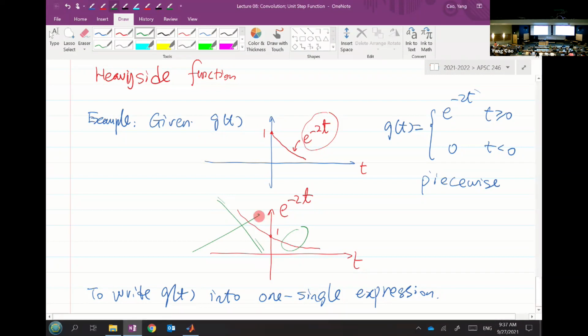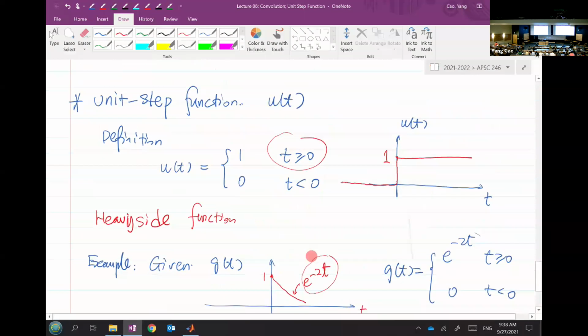So how can I take this part away? If I want to take this part away, I can multiply this portion with a 0 value, then nothing exists on this part. Then how can I keep this part without changing it? I multiply this part with what value? 1, exactly.